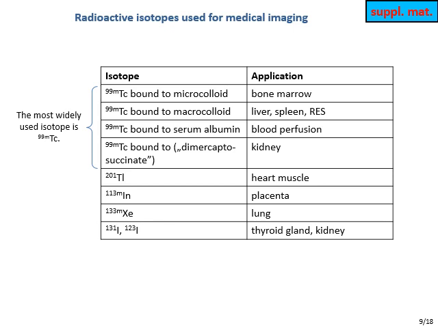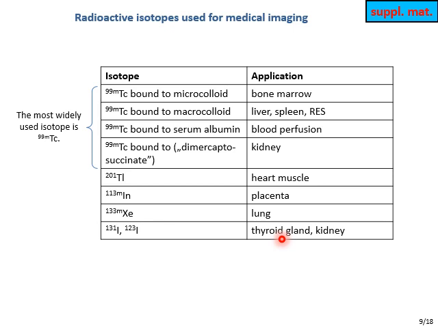This table, as you see in the upper right corner, is supplementary material. So the actual examples are not to be known, but you can see that different kinds of isotope can be used for different kinds of purposes.